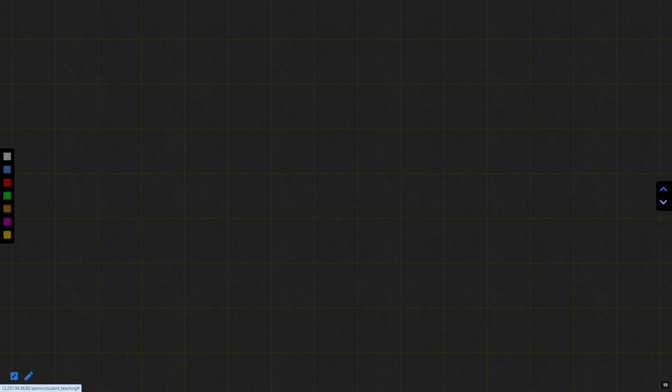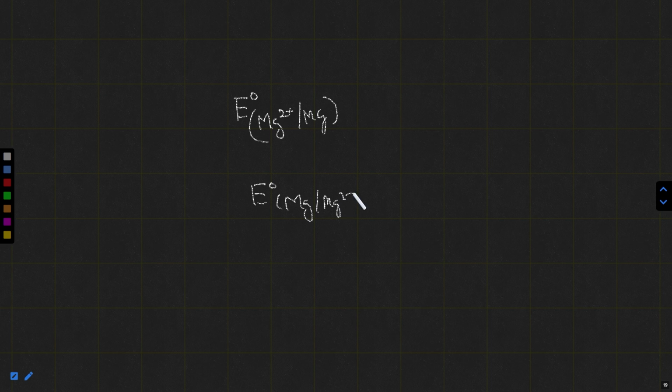So I am repeating it one more time, just try to identify the E naught value. Why am I saying this? Because if this means Mg2 plus is going to Mg, and you are given a value in such fashion, Mg going to Mg2 plus, then do not think of it as a reduction value. It is the oxidation value because the one on the left side is the reactant and the one on the right side is the product, and the slash is given to maintain the interface.